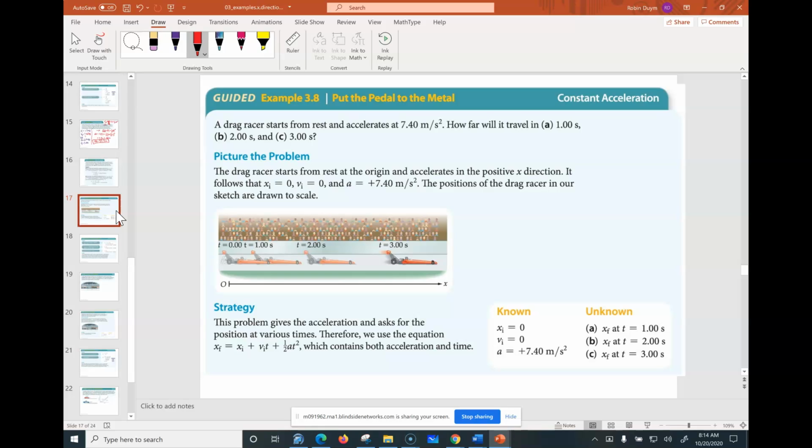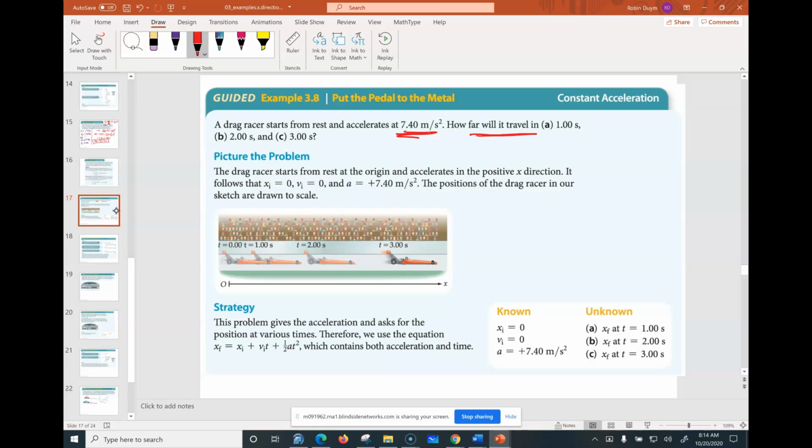This is a little bit more about just seeing, and we don't necessarily have to run through it, but they're saying, you know what, if you have a drag racer and he accelerates at 7.4 meters per second squared, so every second he increases his speed by 7.4 meters per second, how far will it travel in 1 second, 2 seconds, 3 seconds?